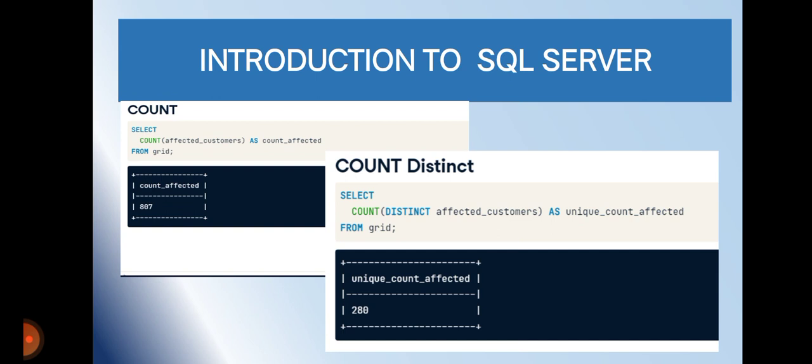However, we use DISTINCT to obtain a count of unique values, or add a WHERE clause, which can make the result much more meaningful. So SELECT COUNT DISTINCT affected customers AS unique count affected FROM grid, and we get unique count affected, which is 280 from 807. So the results are more precise and more simple.